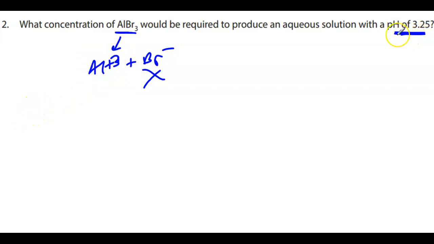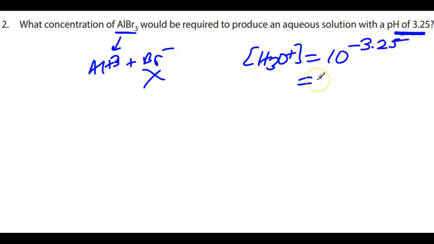So let's get our hydronium concentration, which is equal to our equilibrium value. That's going to be 10 to the negative 3.25, and that gives us 5.623 times 10 to the negative 4 moles per liter.